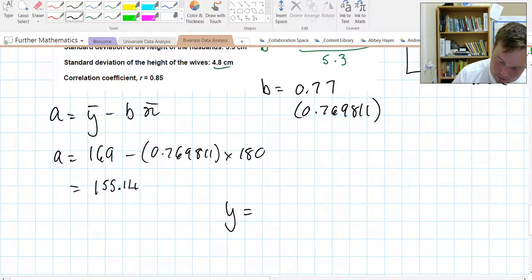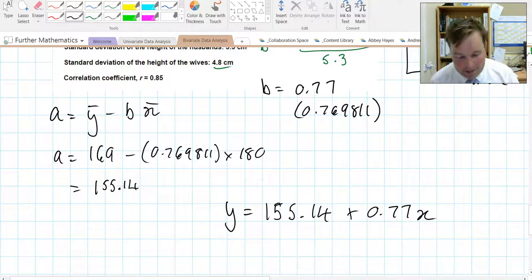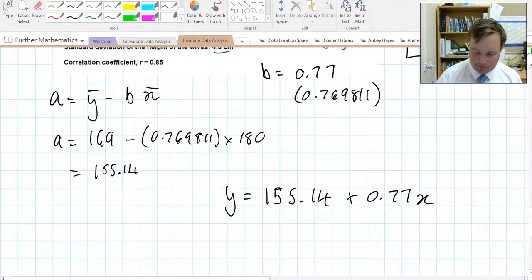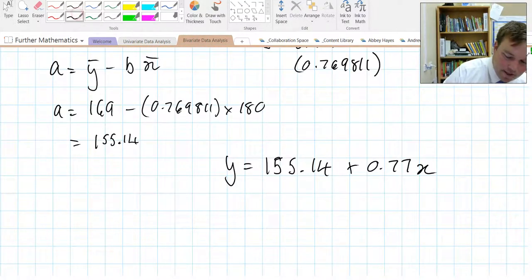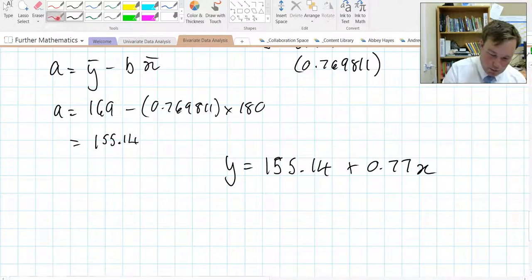y equals 155.14 plus 0.77x. Now, if you write that, you don't get a mark, which is frustrating, and lots of people lose marks for it. The VCE is very strict on this. It doesn't want you to use x or y.